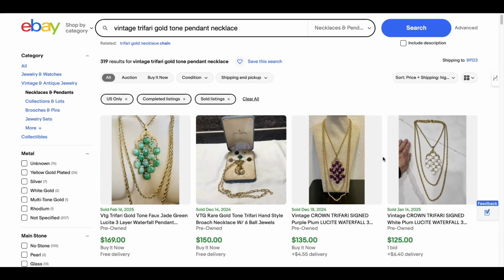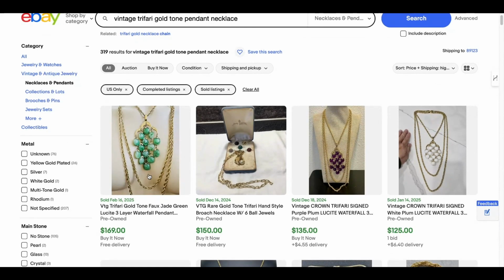Now, the other thing about doing this is you will learn a lot about what is currently in demand on eBay. So you can see that this waterfall pendant necklace sold for $169. If this is similar to what you have, this is great because this would definitely help you figure out what people are willing to pay for pieces like this.